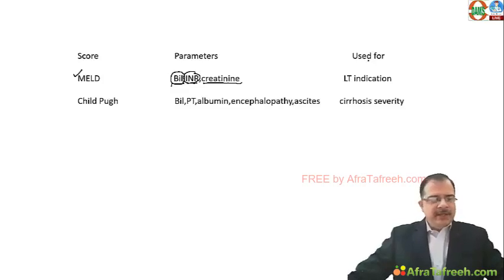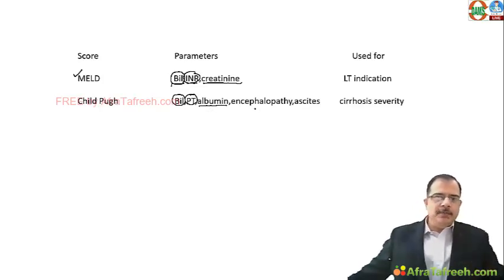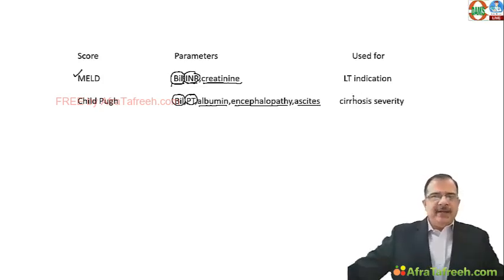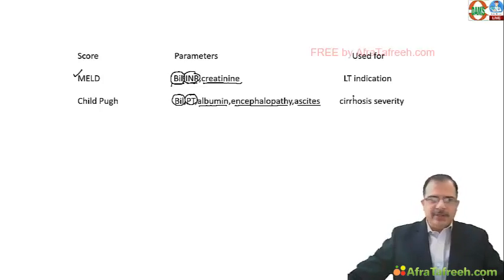The next one is the Child-Pugh score, in which we take bilirubin and prothrombin time, the common markers, along with serum albumin as well as clinical complications like encephalopathy and ascites. It is used for cirrhosis severity, where class C is the more severe condition in which liver transplantation is indicated.